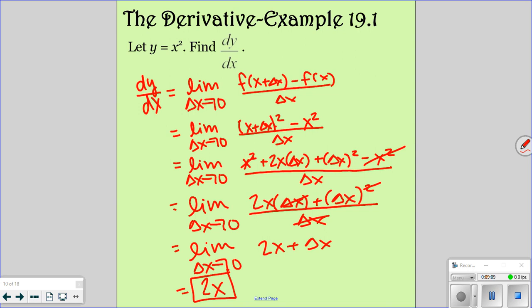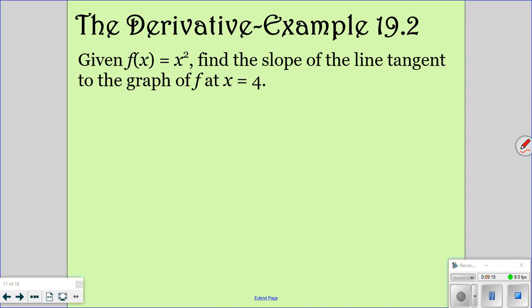So this is the slope. This is the derivative, and it is the slope. So you want to keep that in mind for the next question. It gives us a function. Again, it is x squared, and it wants us to find the slope of the tangent line at x equals 4. So our derivative is f prime of x.